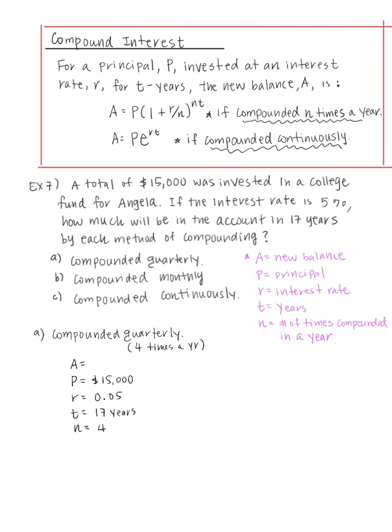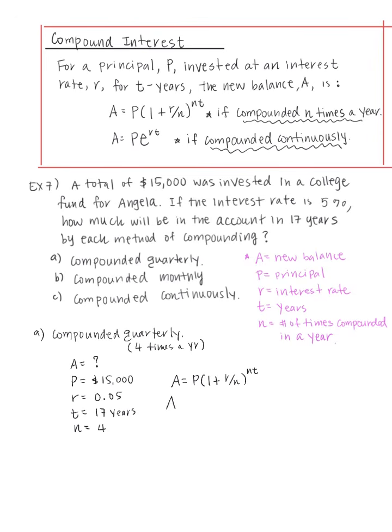So the question is, what is going to be our new balance? So we're trying to find the value of A. Since we're compounding 4 times a year, we're gonna have to use the top equation for the compound interest, which is A equals P times 1 plus R over N to the NT power. All right, so now let's plug in all the values that we got.